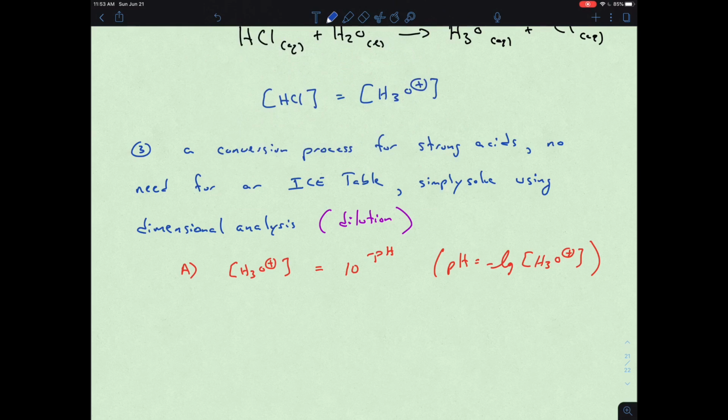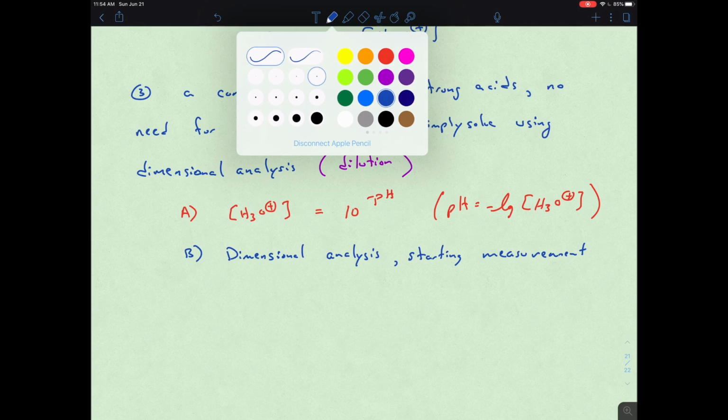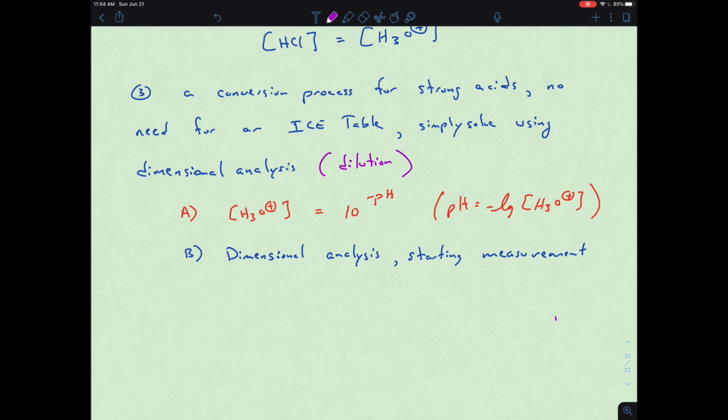Part B then is going to be using the dimensional analysis starting with our measurement. So really what we want to have at the very end of the day is the volume of the concentrated HCl solution.